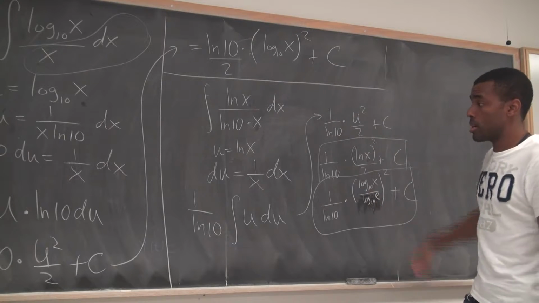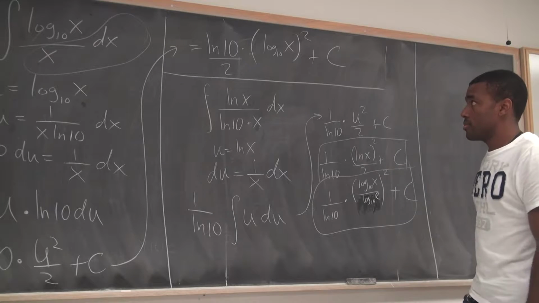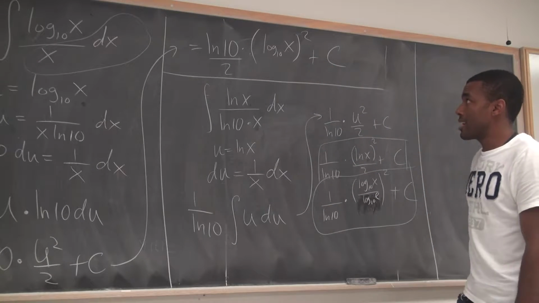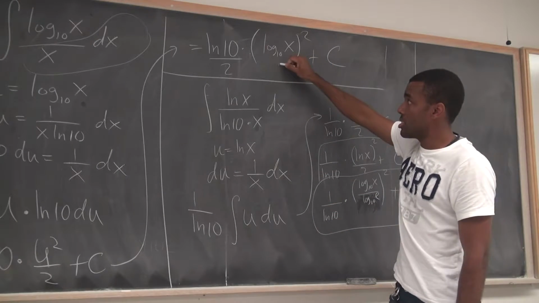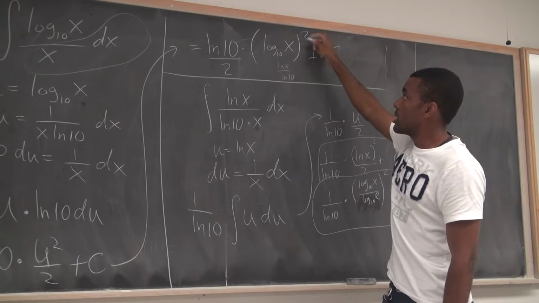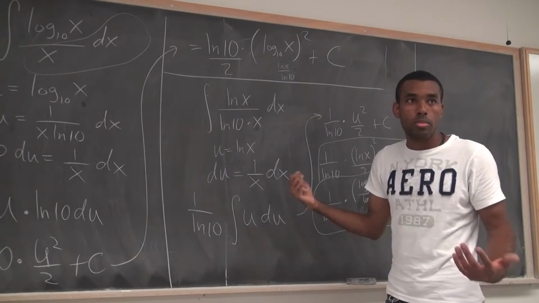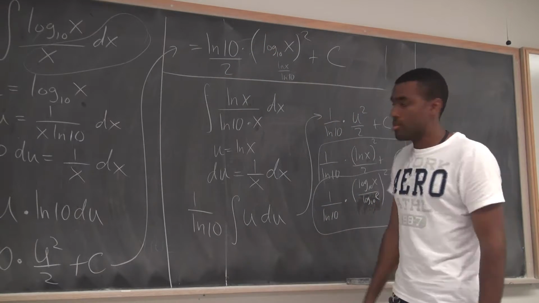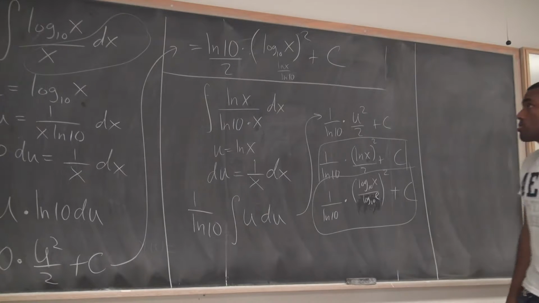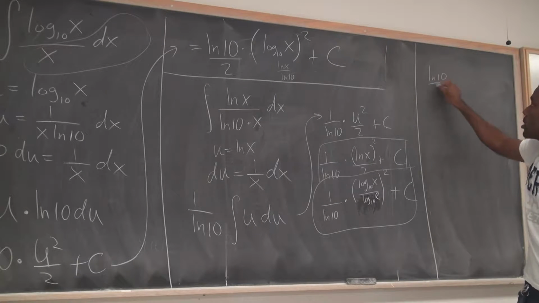You can actually switch back and forth. Like I can do it here and I can get this one, right? So if I change this to ln x over ln 10, see the square will cancel one of these and you'll have one in the bottom. It's going to be the same thing here. Right? So ln 10 over 2.